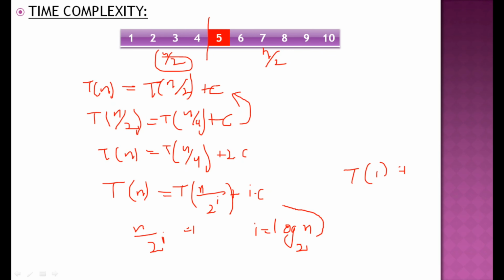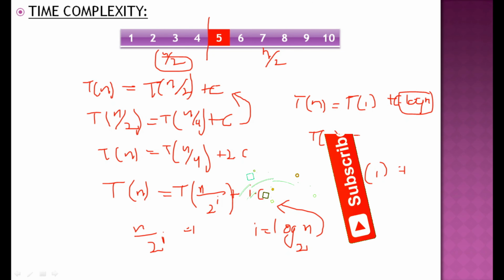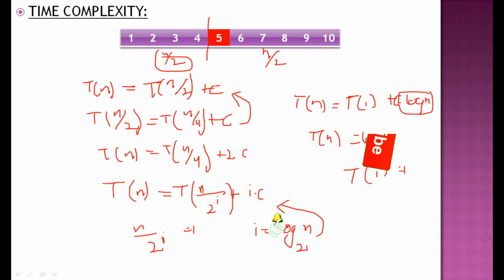When I substitute this value in the equation, the whole time complexity T of n equals the time complexity of 1 plus c into log n. So the time complexity is log n. The time complexity for binary search in the worst case is order of log n. I think you understood it.